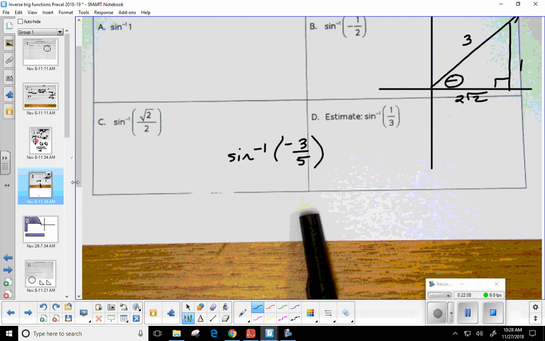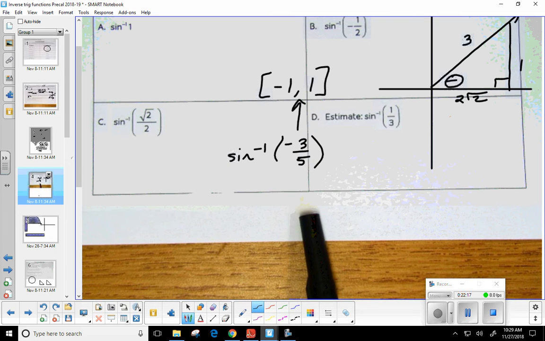Now remember, think about your restrictions. The ratio that you plug into sine inverse has to be between -1 and 1. So first off, is this going to work? Yeah, -3/5 is definitely between -1 and 1. So if the input's okay, remember my answer has to be on what interval?